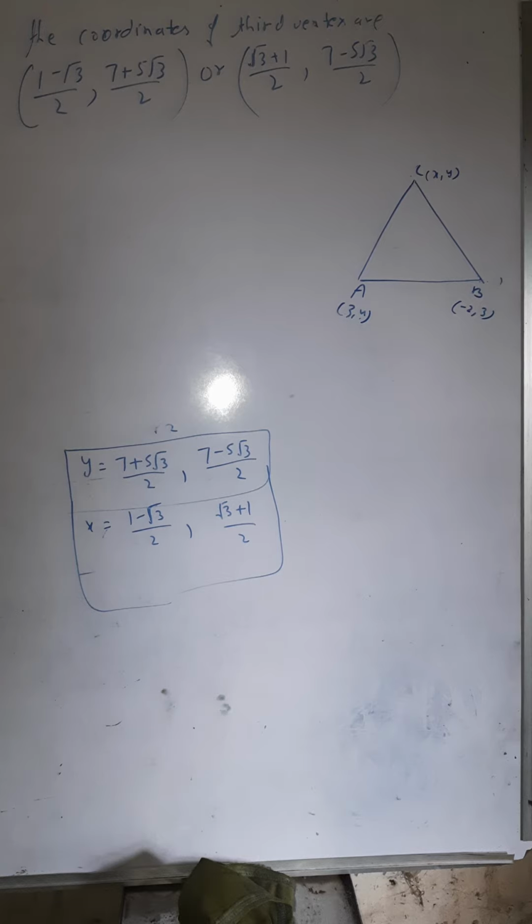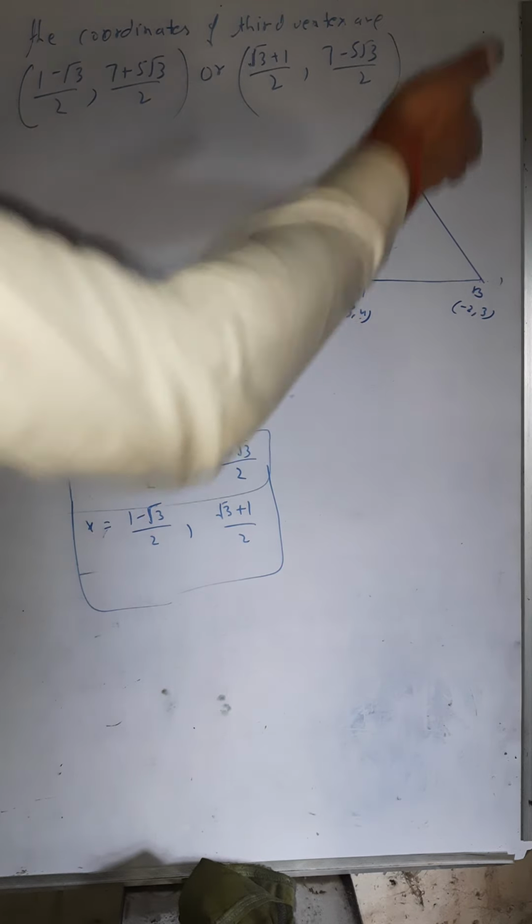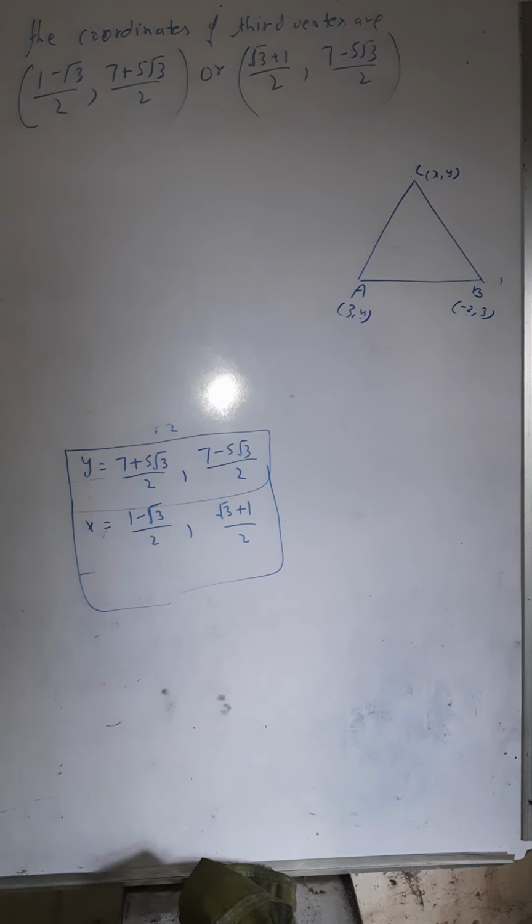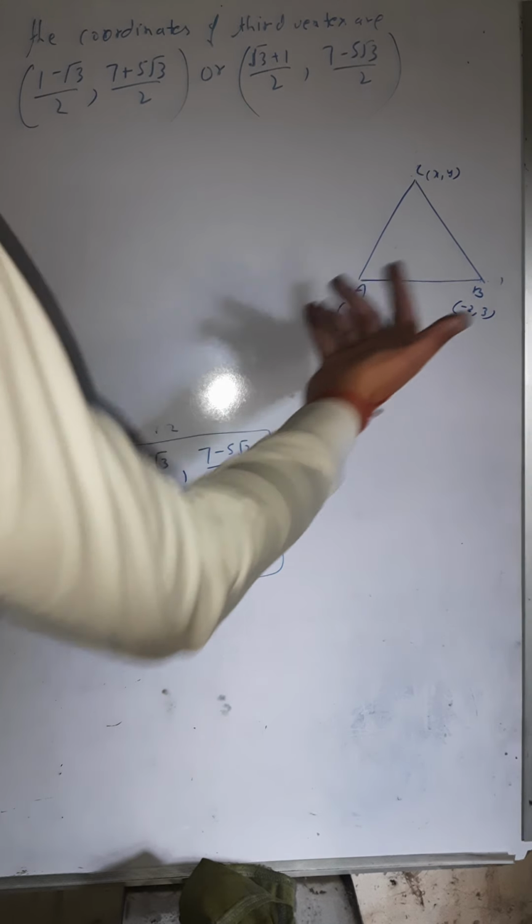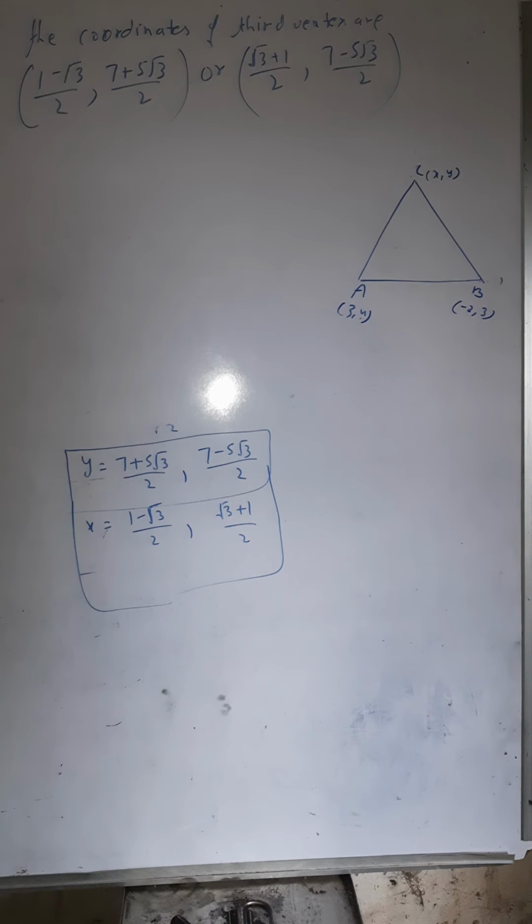This is how we can find out the coordinates of the third vertex if the coordinates of the other two vertices have been given to you. So this is how we will solve this question. It was a lengthy question, not very typical, but some patience is needed. If you have proper patience, then you can solve this.